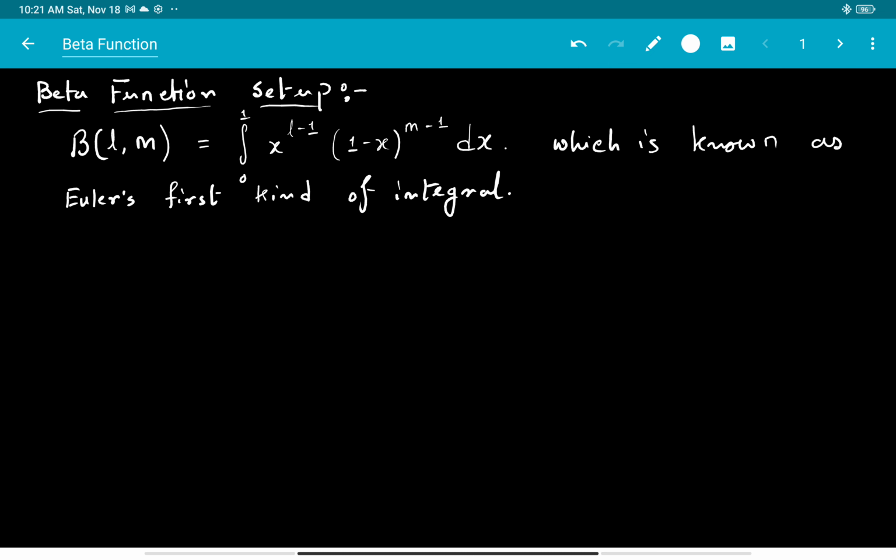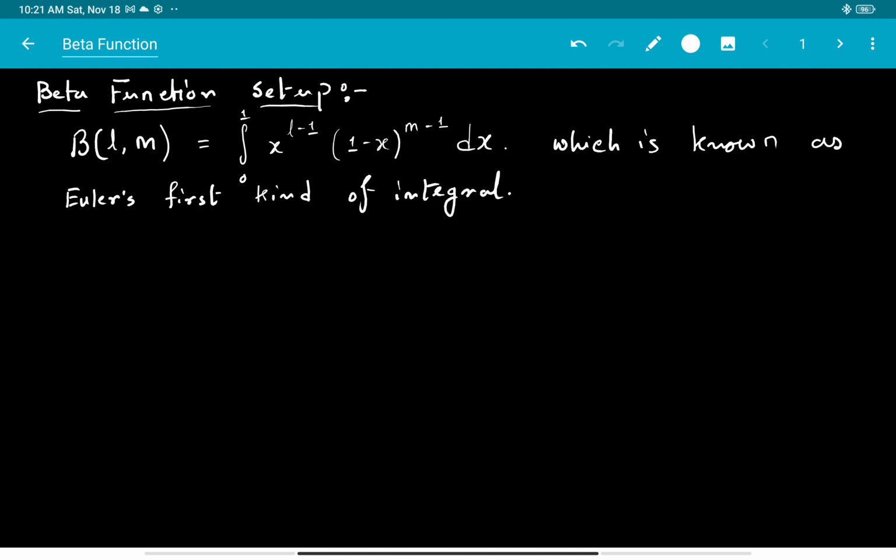So it is usually expressed in this format, beta L comma m, and it follows a symmetric property.